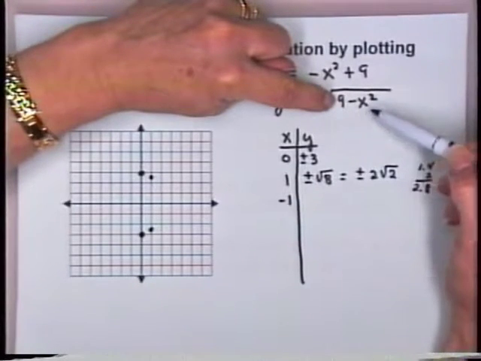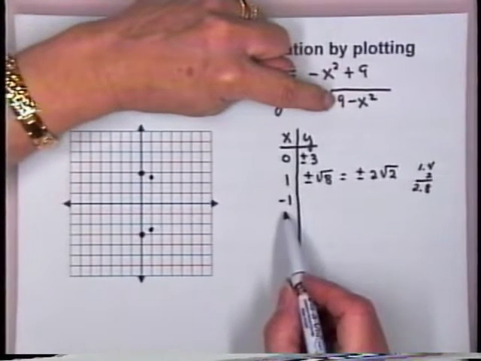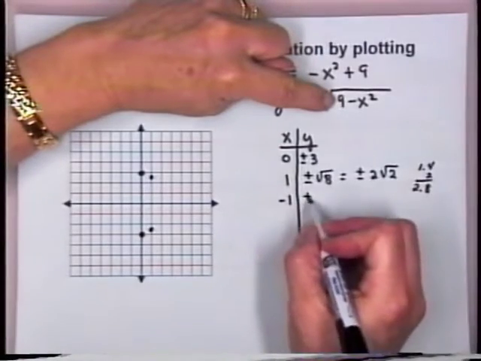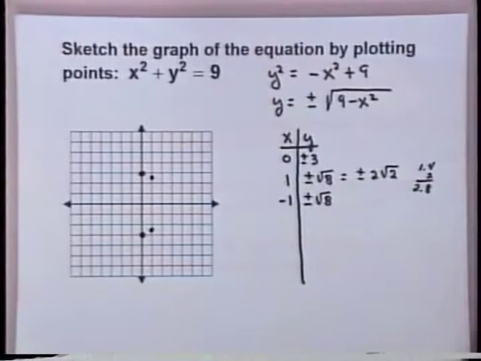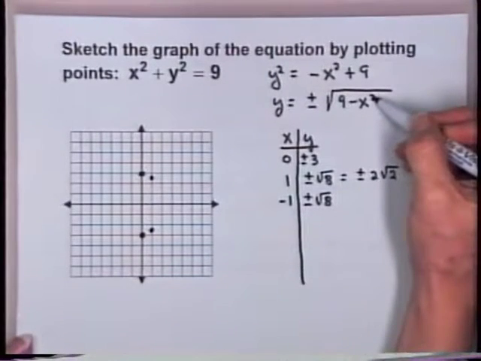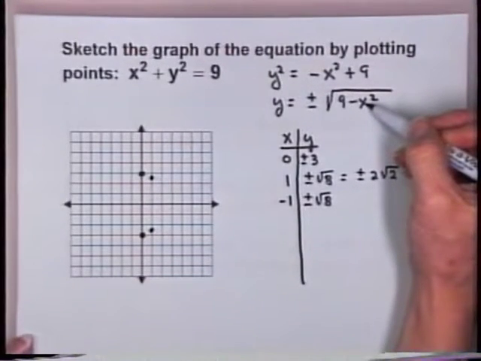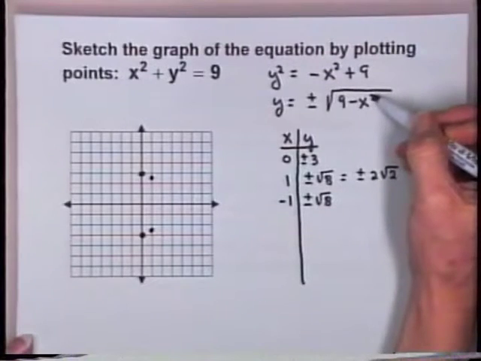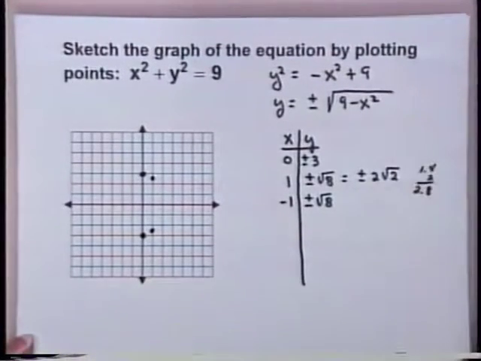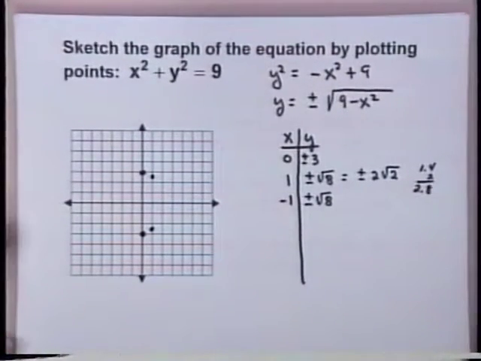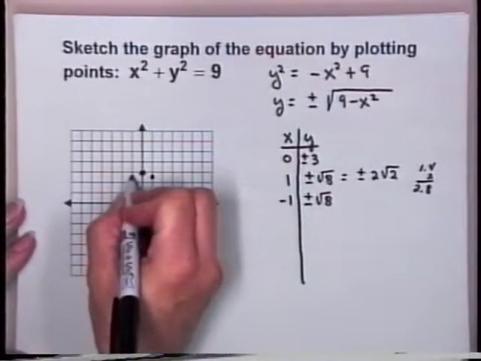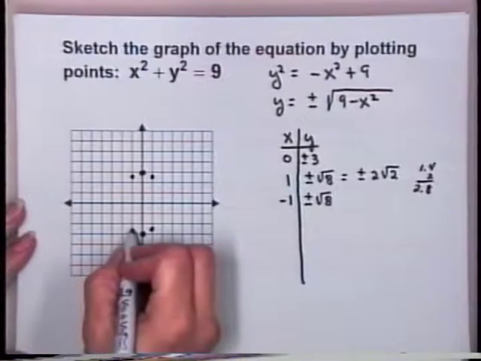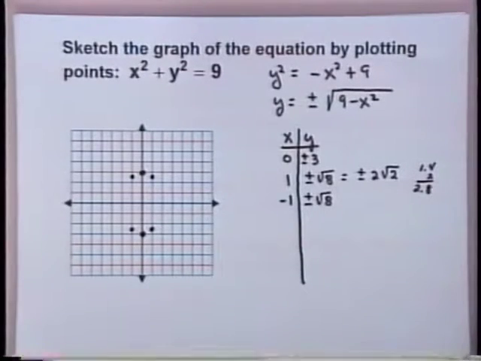Do you see that? So if I choose x to be negative 1, I'm going to get exactly the same answer that I got when I chose x to be positive 1. The reason for that is when I square, it doesn't matter if it's positive or negative, I'm going to get the same answer. And the squaring happens before that subtract happens. That's the important key. So notice if x is negative 1, I'm going to have that same approximate 2.8 or negative 2.8 values right there.